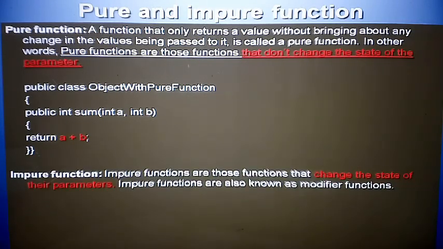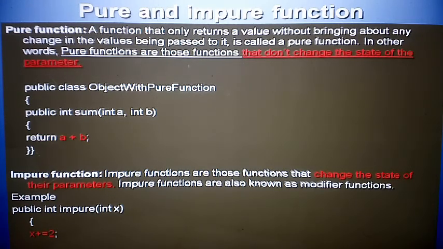But an impure function changes the state of the parameter, meaning the value will be changed. For example, an impure function has a value x, and x plus equals 2. Whatever the value of x, like 10 or 5, the impure function changes the value of x. Here it is incremented: x equals x plus 2. So the value definitely changes.